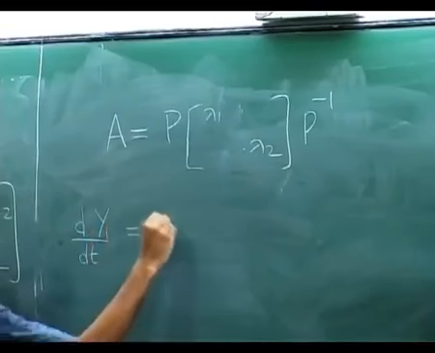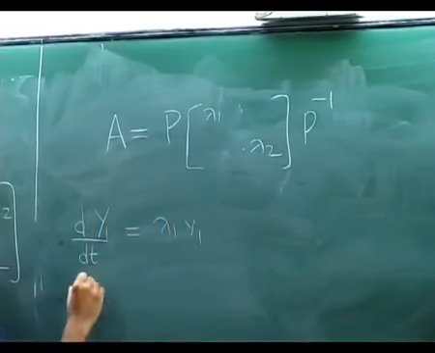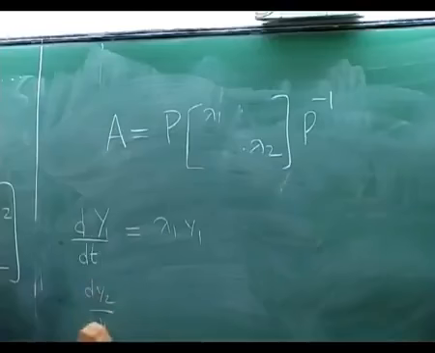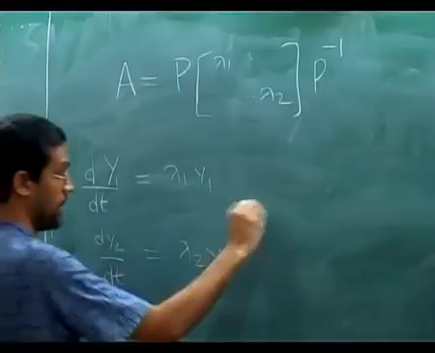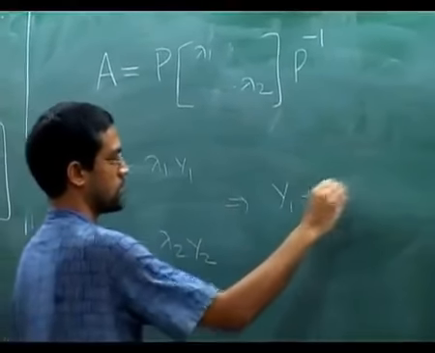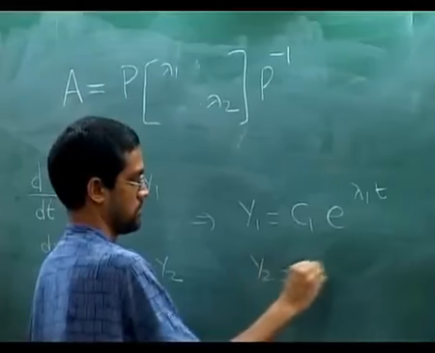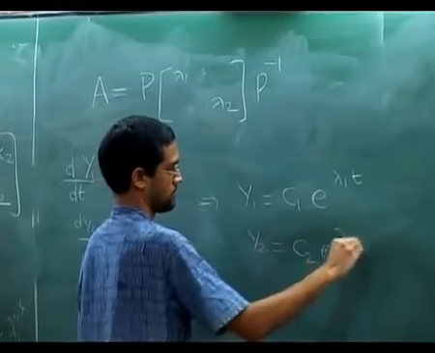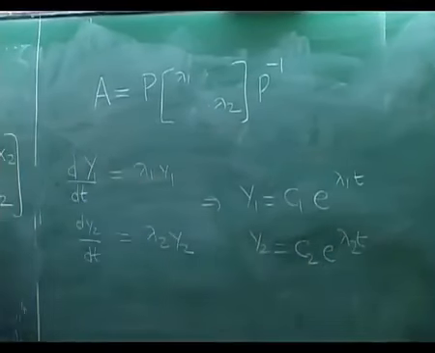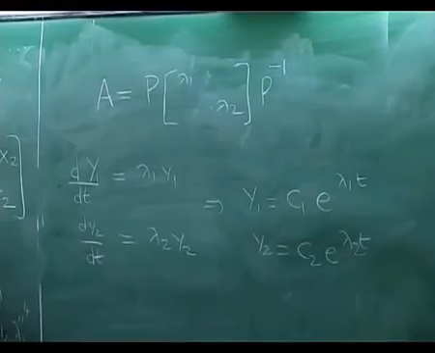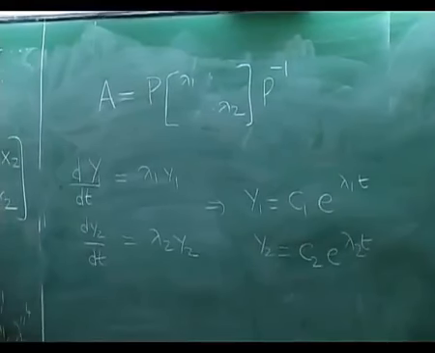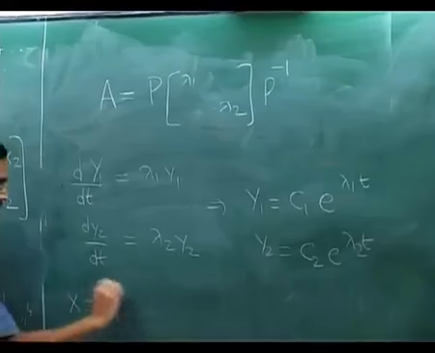So dy1 dt will be lambda 1 y1, dy2 dt will be lambda 2 y2. So therefore, I solve for y1 and y2, that's some e to the lambda 1 t, e to the lambda 2 t. Okay, so these two I solve, and then how do I come back to calculate x? X is just P times y.